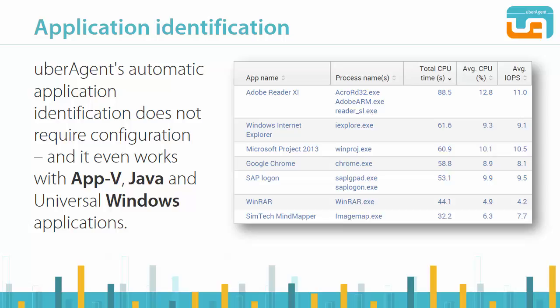And when you're interested in the footprint or the resource consumption, CPU utilization, memory usage, whatever, of that application, you really don't care about that first one, AcroRd32.exe, or the second one, you care about all of them combined. And uberAgent will give you those metrics combined per application automatically. You don't have to configure anything. It works with 99% of applications. So that's a pretty great thing to have. So if we could take a look at the next slide, please.